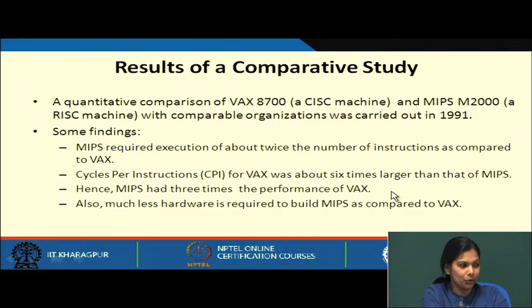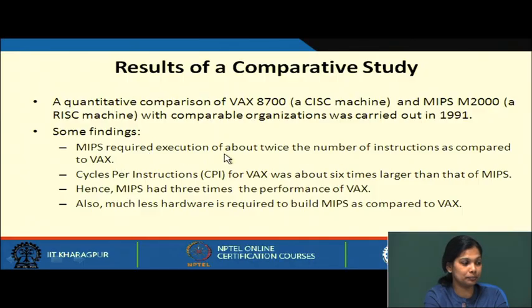So, a comparative study was performed in the year 1991, where a quantitative comparison between the VAX 8700, which was a CISC machine, and the MIPS M2000, a RISC machine, was made. And the findings were the following. MIPS required execution of about twice the number of instructions as compared to VAX.